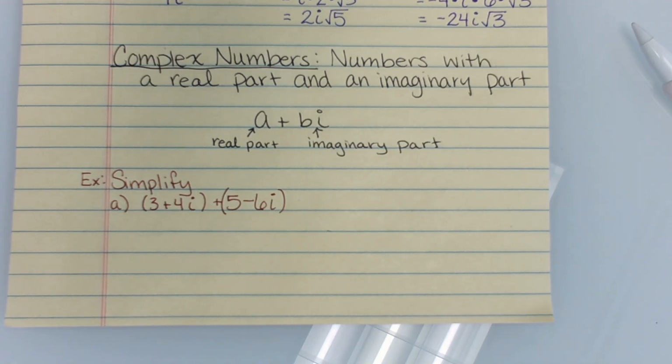With our imaginary numbers, we are going to do some simplification. I've got two complex numbers right here getting added. If you add real numbers, are parentheses necessary?